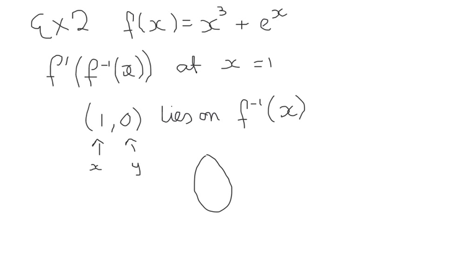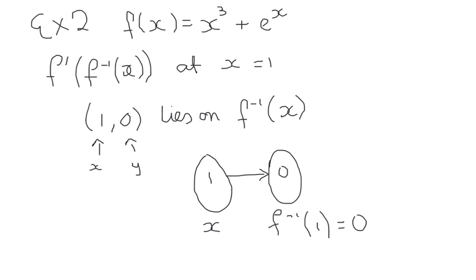X in the domain, if we put 1 in, we get 0 out. So it means that if x is 1, the inverse of 1 is 0. So we can use this property. If you put x equals 1 into the function, 0 will come out. So it's the y value here that's 0, and this is what we can use to make this a little bit simpler.